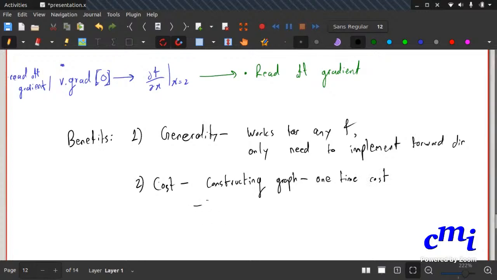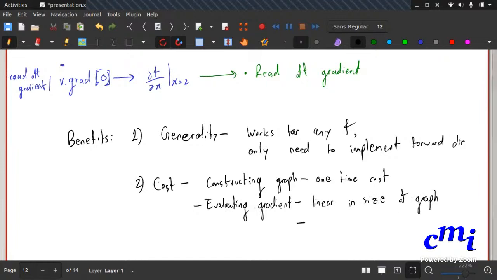And then evaluating gradients is going to be just linear in the size of the graph, right? So the order is going to be about as costly as the forward direction, right?